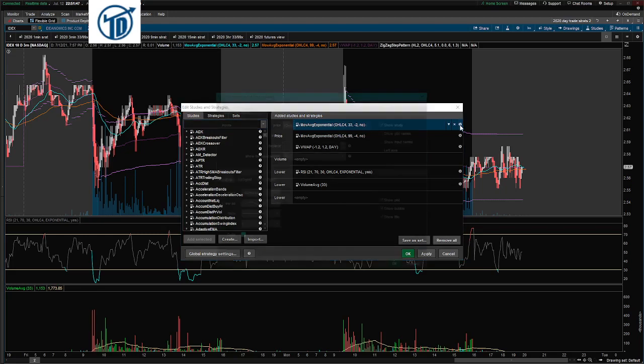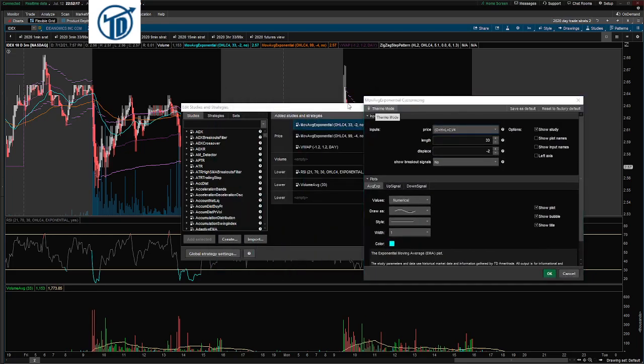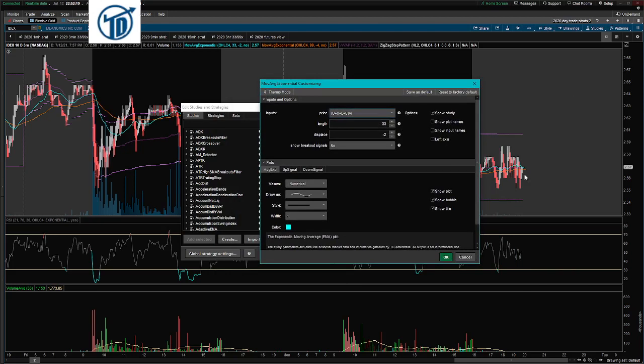By clicking here, you can go into the periods where it says price. Like I said, I have the open, high, low, and the close divided by 4, but you can pick other things. That's just the way I like it. You can pick the high, low divided by 2, which kind of puts you in the center. I just feel like this gives you a smoother curve displacement too, so I like it to go forward in time a little bit.